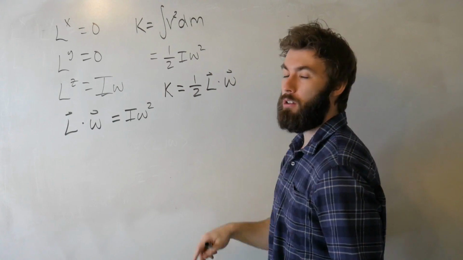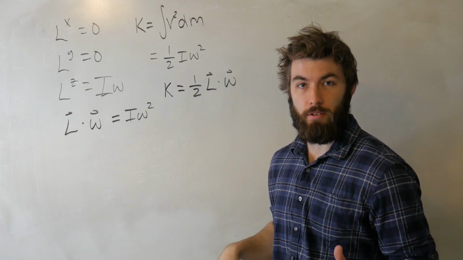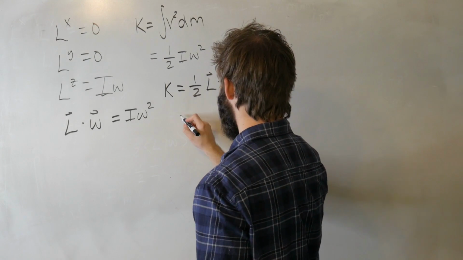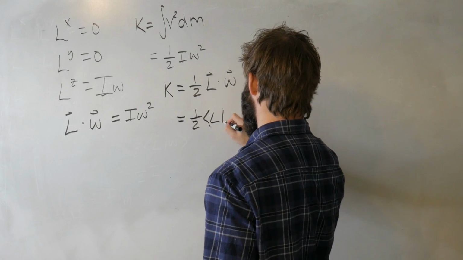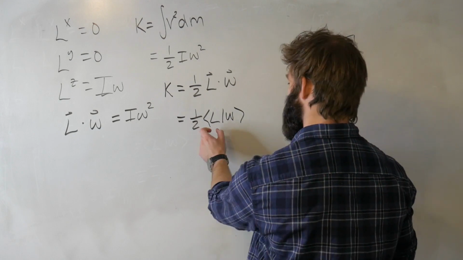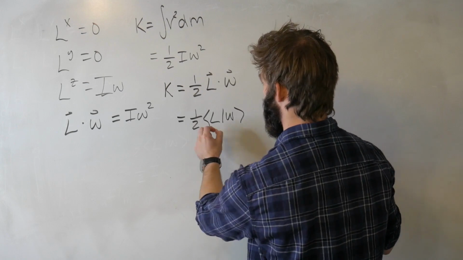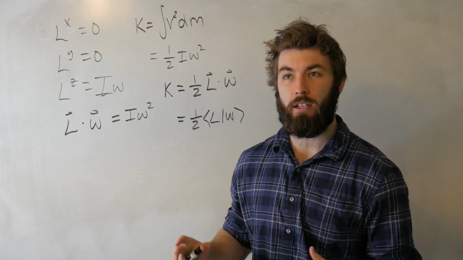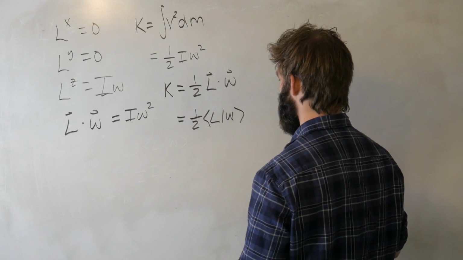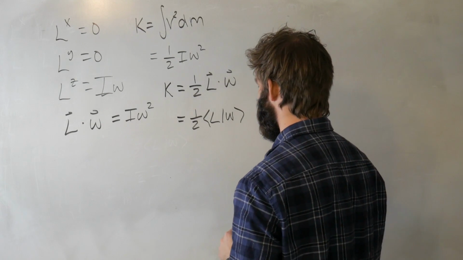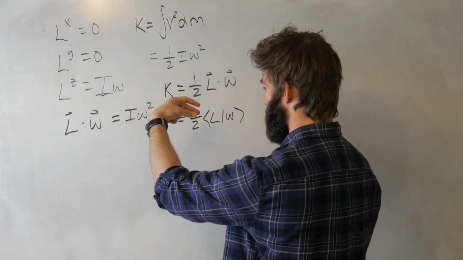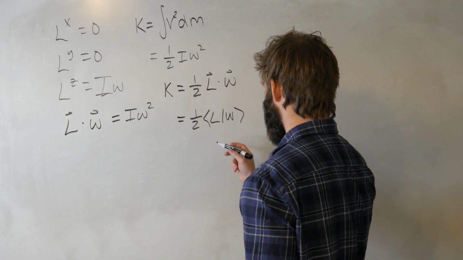And we can implement our little bracket notation that we started using in the last video, which tells us that this is equal to 1/2 L omega. And we can write this as a bra because angular momentum is not going to have any imaginary components here. So its Hermitian conjugate is still going to be equal to itself, except that it's now a row vector.